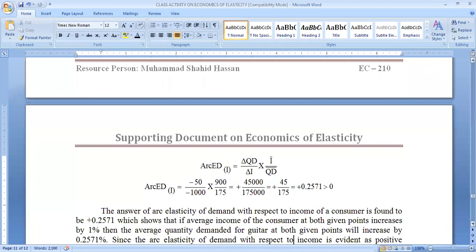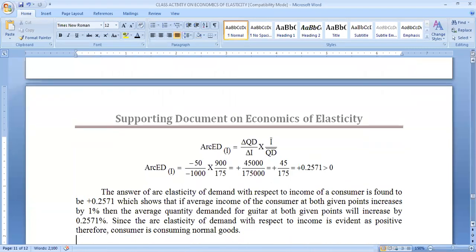There is one other point which is important to understand within this example of income elasticity of demand, keeping in mind the concept of arc elasticity. Since it is positive, it means that the consumer is consuming a normal good, right? As I've told you earlier in the previous lectures, whenever income elasticity of demand appears to be positive, the consumer would always use normal goods.